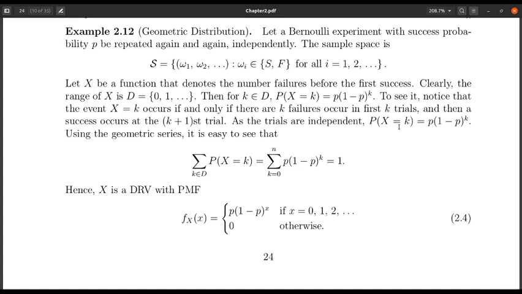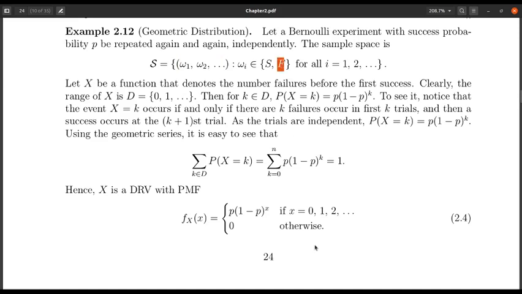But in this case, I will do continuous trials. So I'll keep on tossing a coin, and then I have an infinite sequence W1, W2, and so on, where each Wi is either a success or a failure.